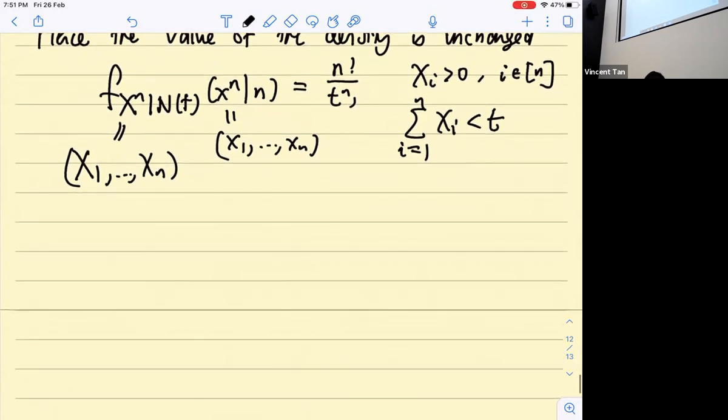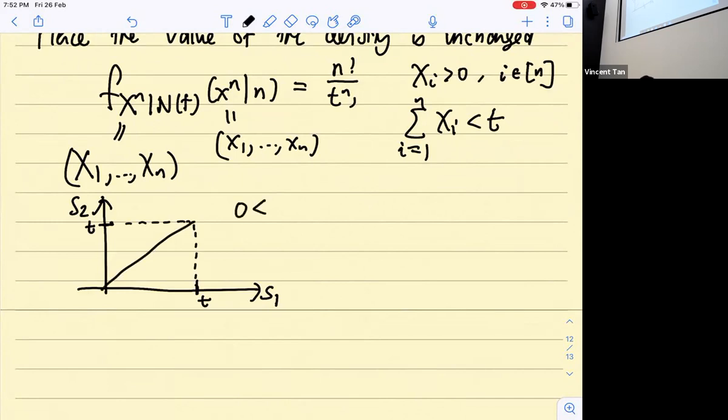Okay? So the picture is as follows if you do not know about Jacobians and things like that. You don't need to know about what I just said, Jacobians, but you need to know this picture. So S2 and S1. Where are we non-negative? We must be in the situation that S1 is smaller than S2 smaller than T. So S2 smaller than T is controlled by this line here.